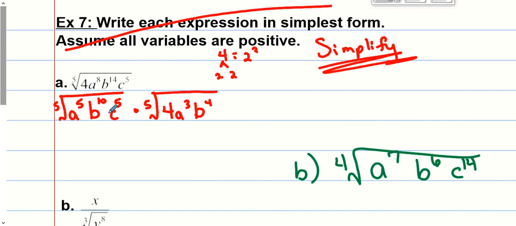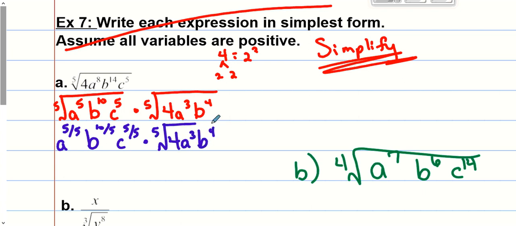So now when I rewrite this, I can rewrite this as a to the 5 over 5, b to the 10 over 5, c to the 5 over 5, times, now this last part is going to stay as is, the fifth root of 4a cubed b to the 4th. The first is what can be simplified.